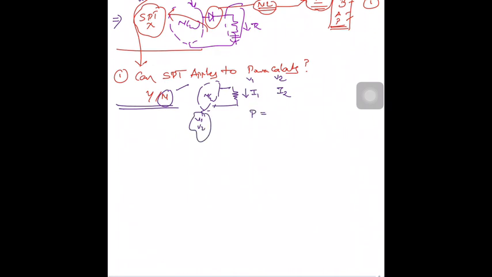Now power due to I1 is equal to I1 square into R. Power due to I2 is equal to I2 square into R, not R1, R. Then what is the power due to I1 plus I2?